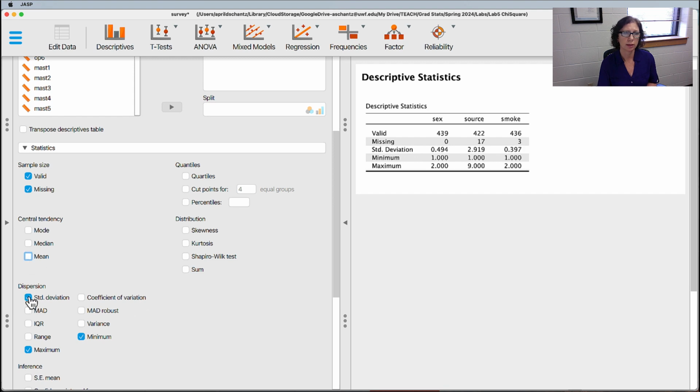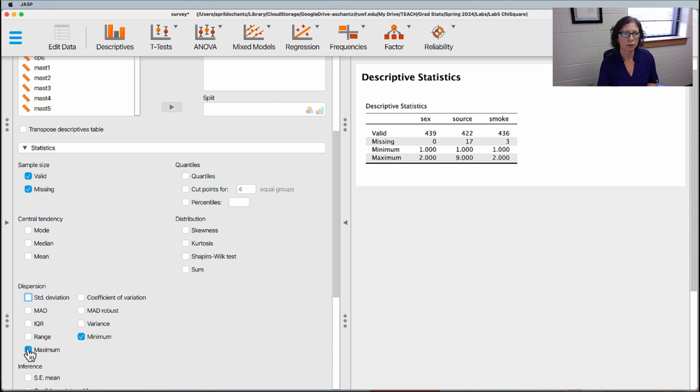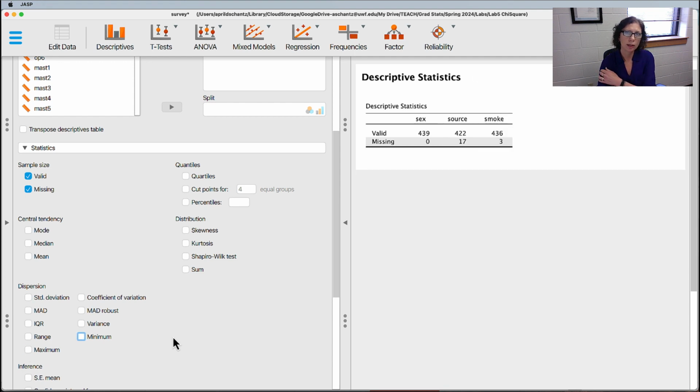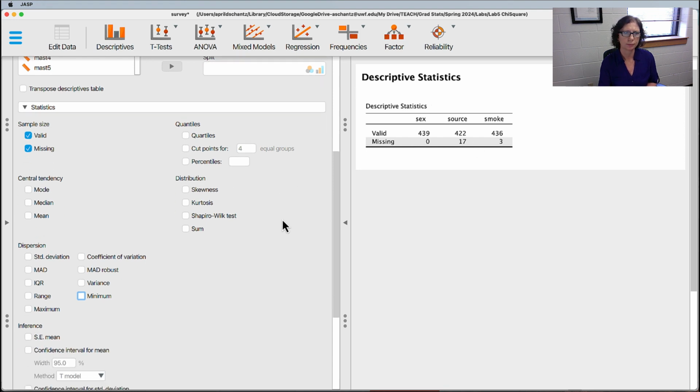We don't need the standard deviation. We pretty much already know min and max because that's how we're coding those levels, like the levels of source of stress, and the levels of yes or no, you smoke or don't. So all this table really helps us with so far is knowing how many missing cases are present.